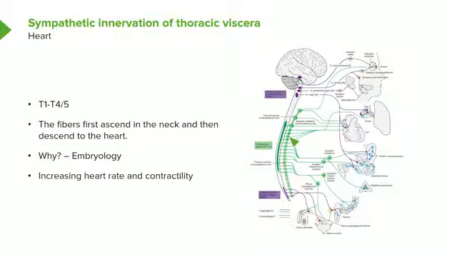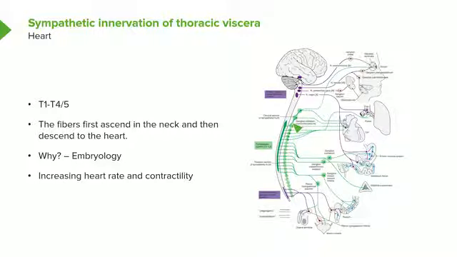Many of those fibers are going to ascend into cervical ganglia. You have a superior cervical ganglion, a middle cervical ganglion, and then an inferior cervical ganglion that commonly will join up with the first thoracic ganglion to form a much larger ganglion called the stellate ganglion.